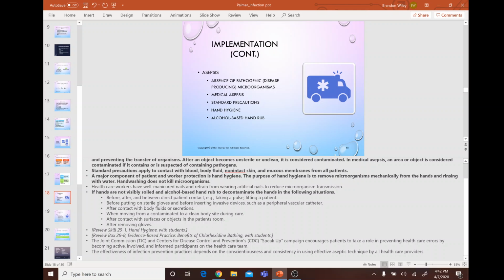Before, after, and between direct patient contact, before putting on sterile gloves, before inserting invasive devices, after contact with body fluids or secretions, when moving from a contaminated to a clean body site during care, after contact with surfaces or objects in the patient's room, after removing gloves.